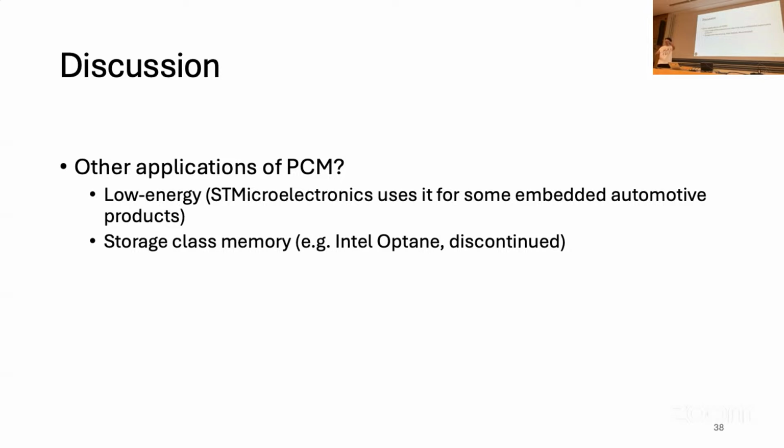We have main memory, we have storage, and in between we have storage class memory, which you could consider like another cache for storage. And they stopped producing that. I guess it was too costly.